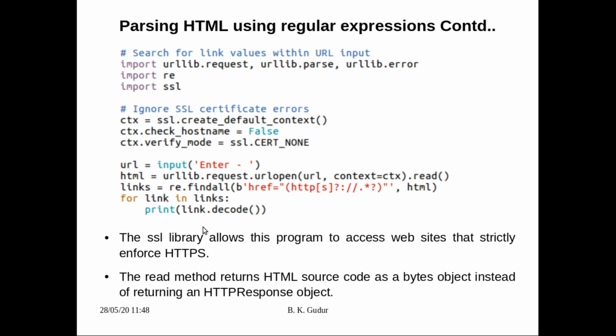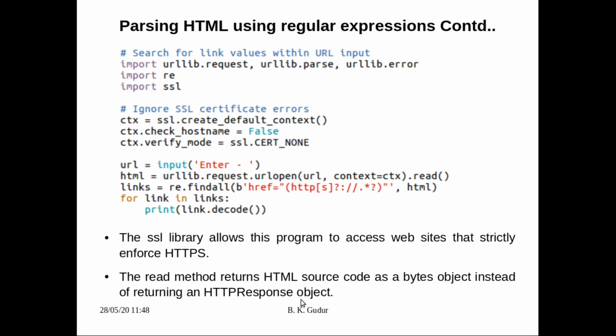The SSL library allows this program to access websites that restrict access to enforce HTTPS. If the website is only secure, then this SSL library gives the permission to access it with the strict enforcement of HTTPS. The read method returns the HTML source code as a bytes object instead of returning an HTTP response object.